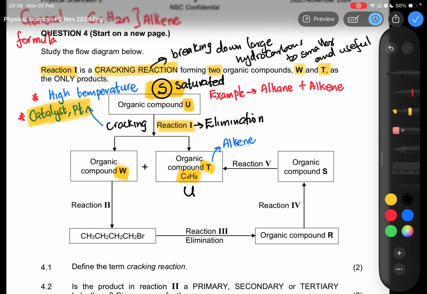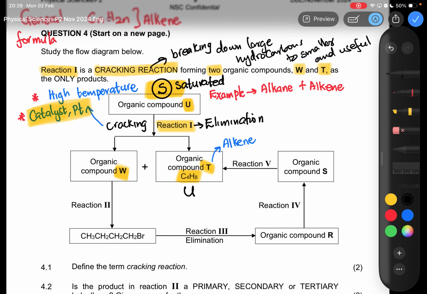Remember what I said: when cracking happens, it produces an alkane and an alkene.